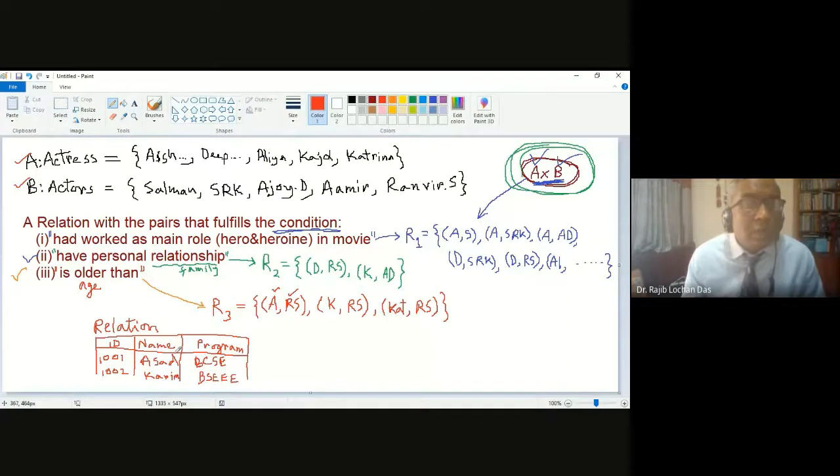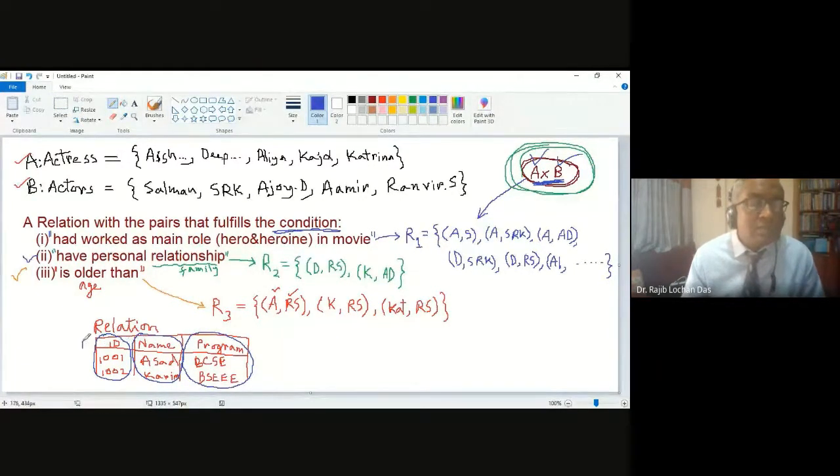So the IDs will come from one set, names will come from another set, and programs will come from another set. So actually all are different sets. We are thinking like that.